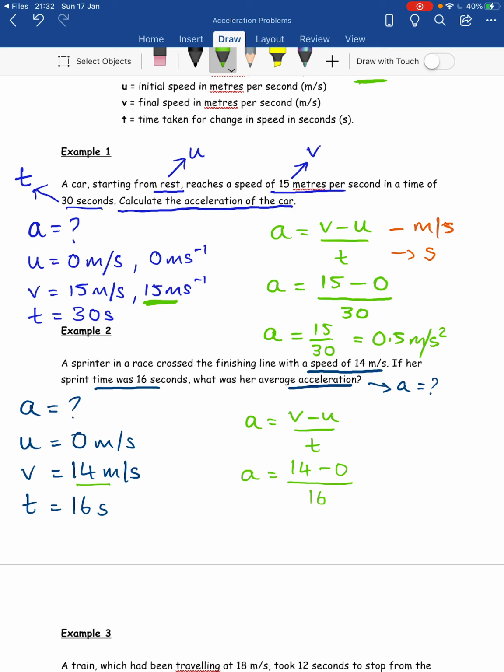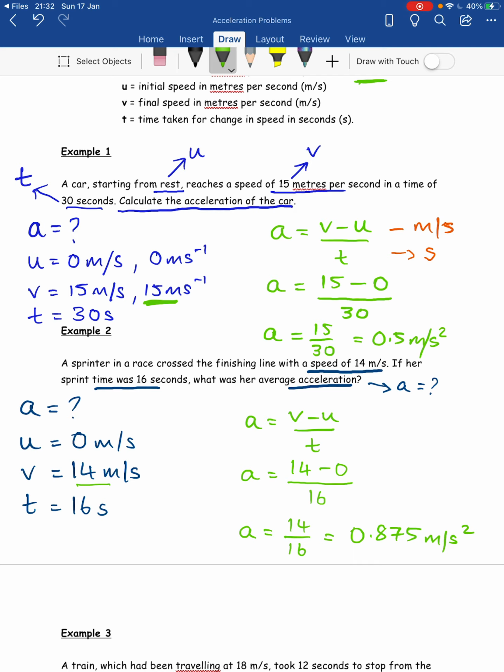And then I'm going to divide that by the 16 seconds. I can simplify that to just 14 over 16. And that gives me a final answer of 0.875 meters per second squared.